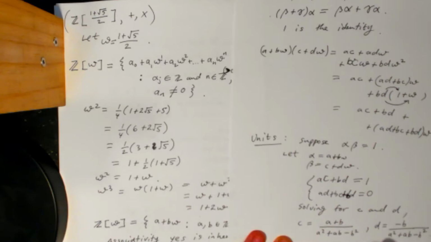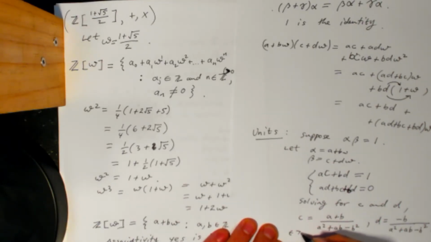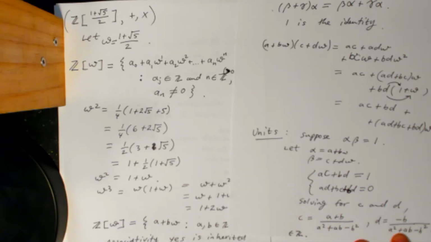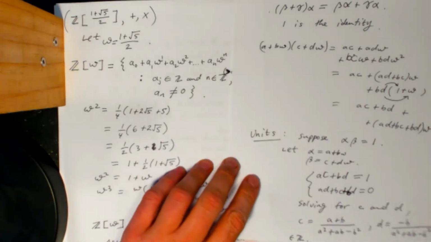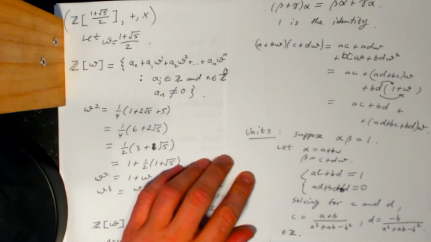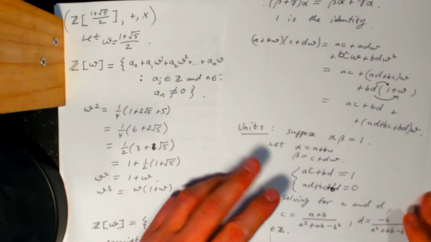Now we need C and D to be integers. So that means that this divides into B and this divides into A plus B, right? But what this is going to mean is that we're actually searching for these two denominators, which are the same denominator, incidentally. We need that to be equal to 1.